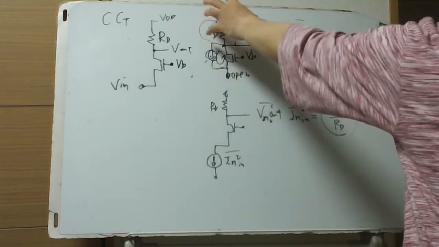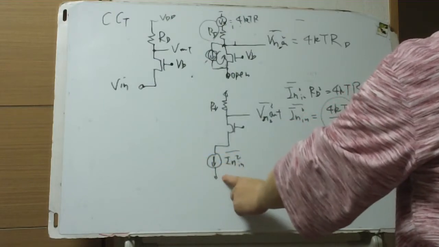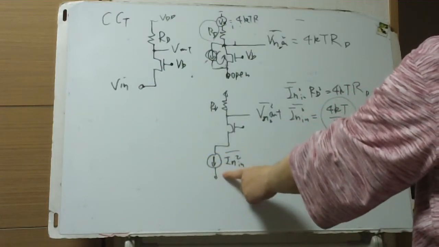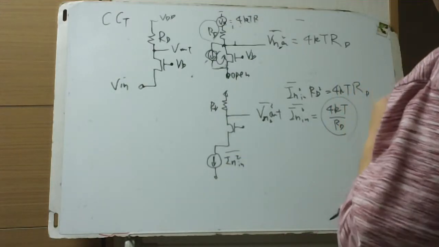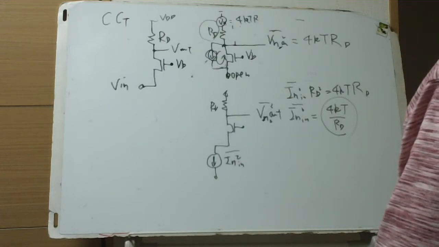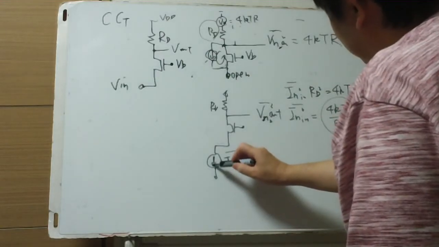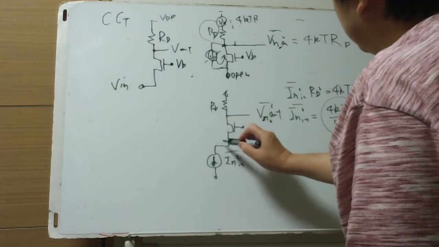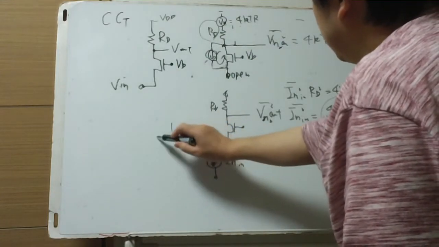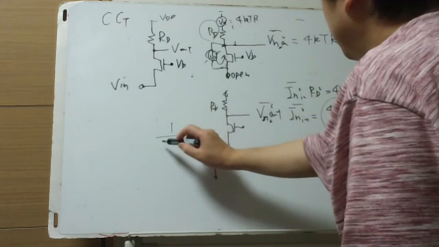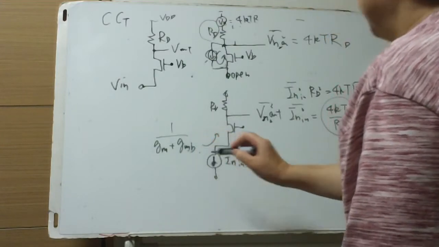So the load resistance appears in the input current noise in not negligible amounts because of the small input resistance, considering back gate, gm plus, 1 over gm plus 1 over gmb.